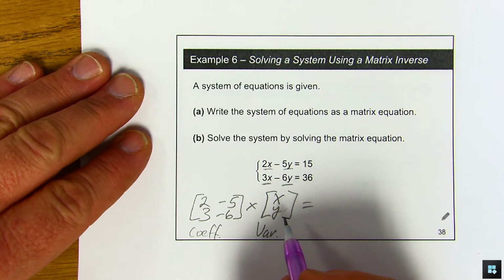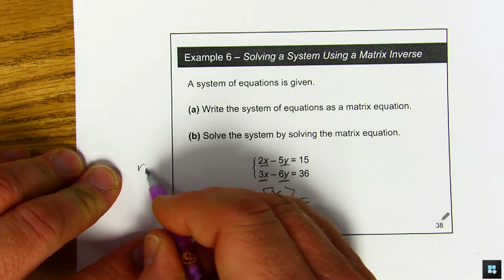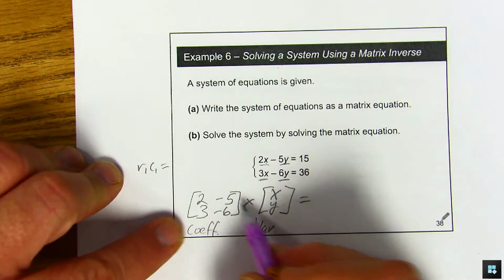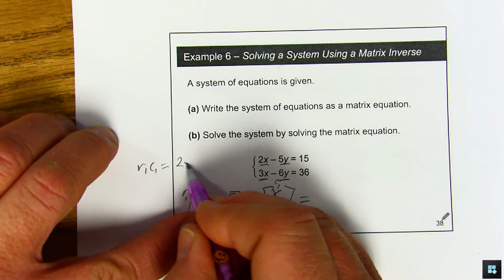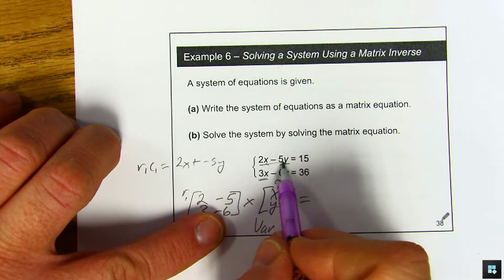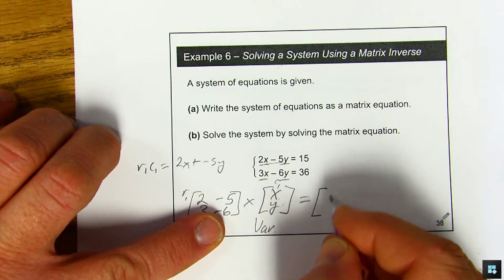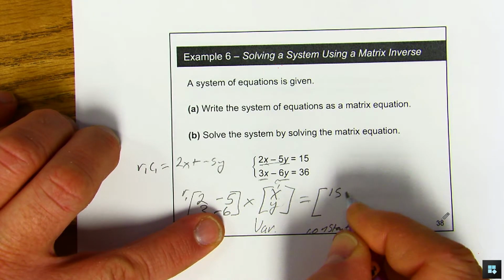If you were to think about this, when I multiply these two together to find row 1, column 1, I would take row 1 times column 1. So 2x plus -5y, that's this right here, equals our constant matrix, which in this case would be 15.